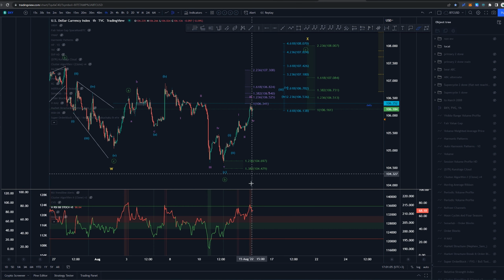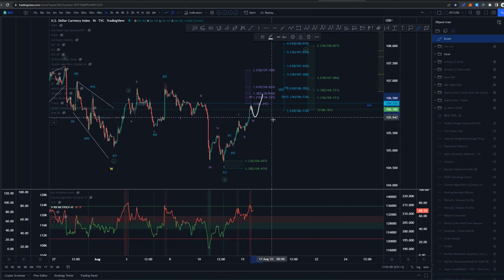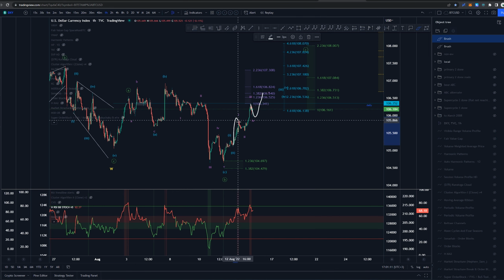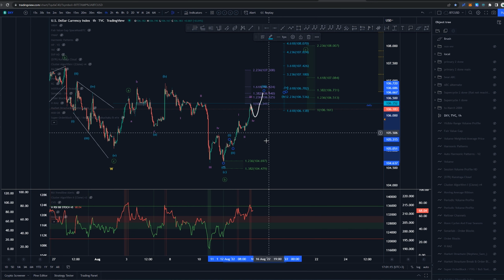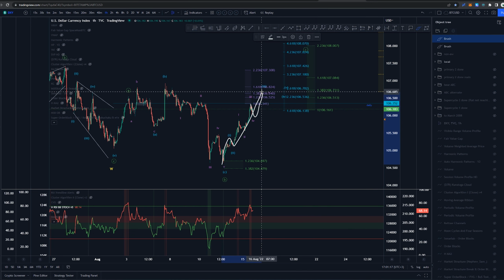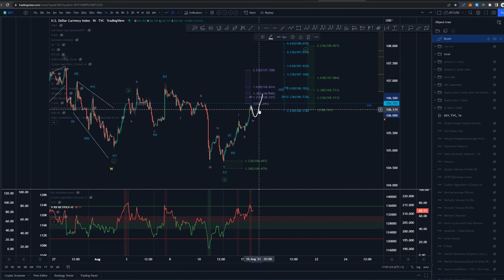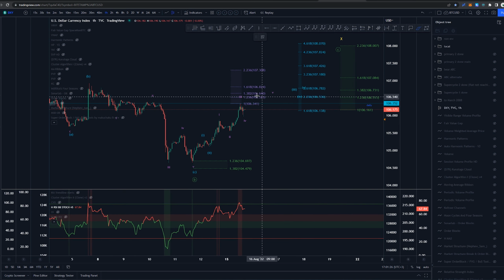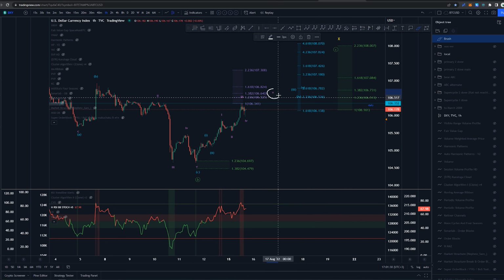Currently, this third wave did create a peak here on RSI, and we would need to create another 5th here for this lower time frame structure, and then again this would be the 3rd of this whole structure. At that point, we have now gone to the 1.618 extension, so we don't really need to get a too high move into this wave 5 here.